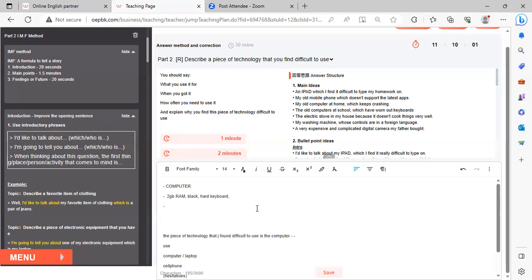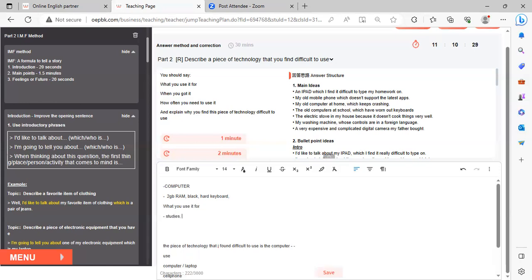What do you use it for? I use it for my studies. What else?